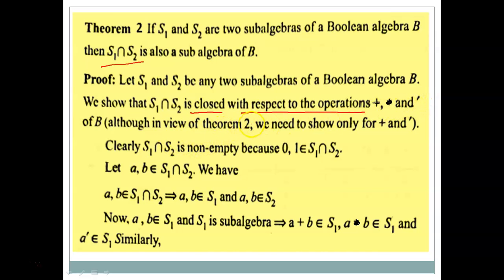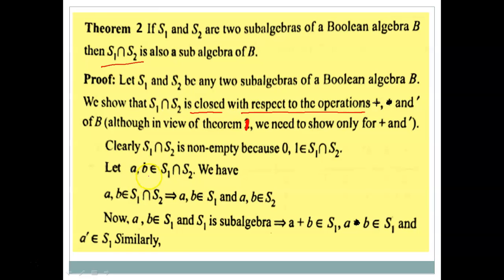Although in view of theorem 1, we need to show only for plus and complement. Clearly S1 intersection S2 is non-empty because 0 and 1 are always there. Because if we want to choose two elements, then first of all we have to show that this particular set is non-empty. Obviously, because S1 always has 0 and 1 and S2 also has 0 and 1, that is why their intersection will also have 0 and 1 elements.